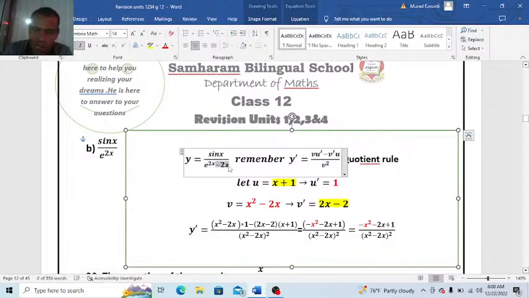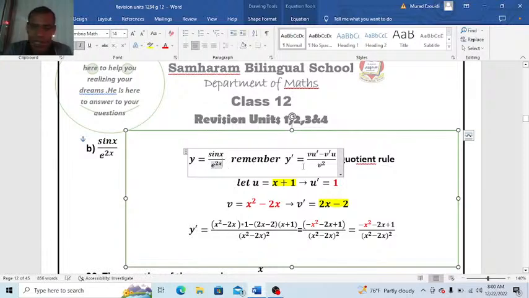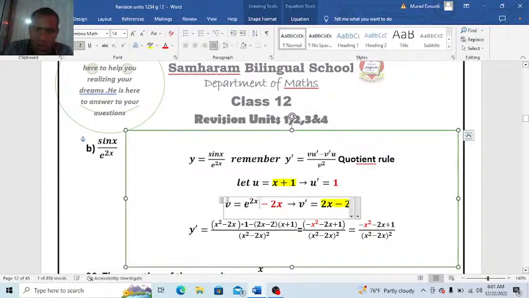I want to differentiate this, learners. Remember that y dash is v multiplied by u dash minus v dash multiplied by u, all over v squared. Let's suppose that v is equal to exponential of 2x. Therefore v dash is 2 times the exponential of 2x.